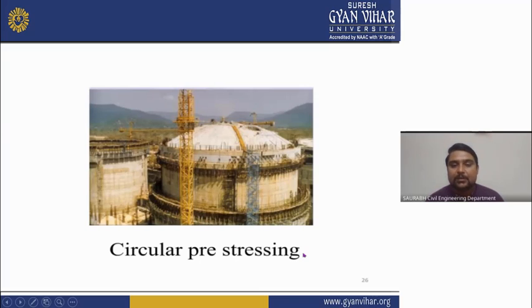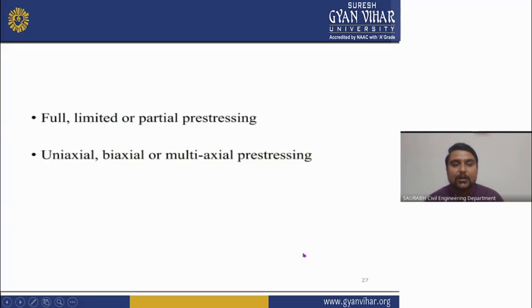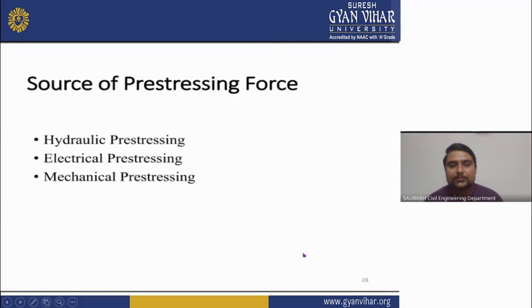This is the example of a dome which you can see here in your picture, that is circular prestressing. Full or partial prestressing is also a method of prestressing concrete, and there is one more: uniaxial, biaxial or multi-axial prestressing, which is also used in the preparation of concrete members.